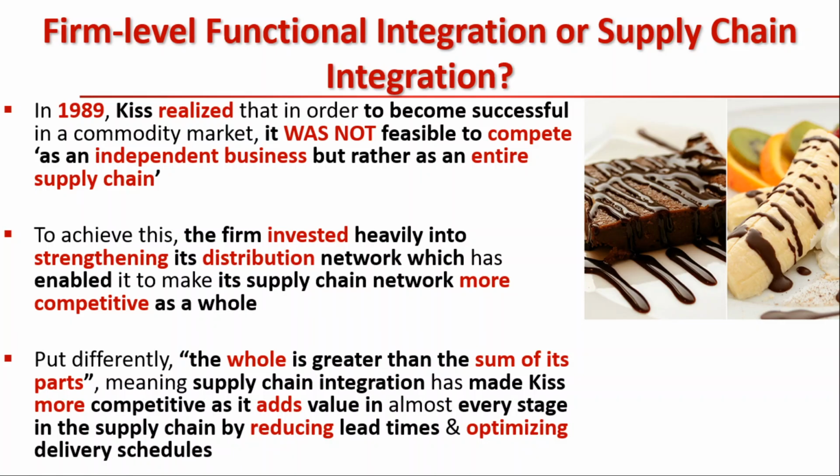As they moved over into the new facility, they started to compete as the entire supply chain. How they did this is they invested heavily in strengthening their distribution network, which is the 100 vehicles that they purchased, which enabled them to make their supply chain network more competitive as a whole.